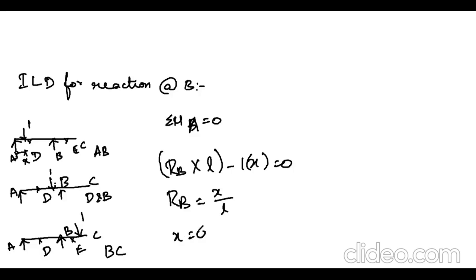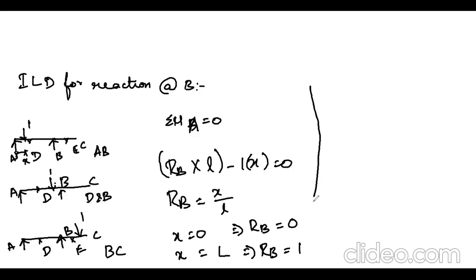So x will be equal to 0 and x will be equal to L. Then the value of RB will become 0 when x equals 0. The value of RB will be equal to 1 when the value of x is equal to L. And we are going to choose the third condition, that is, we are going to apply the unit load in the portion BC.